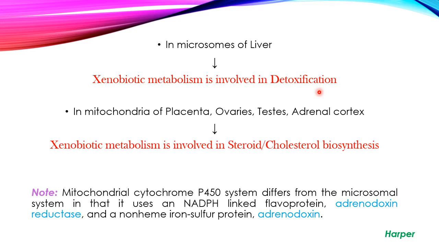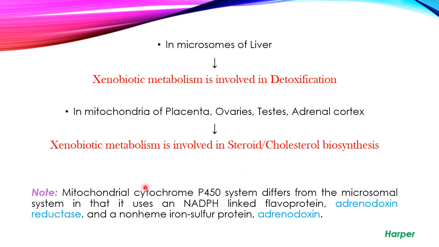Now, if the same system, cytochrome P450, is found in mitochondria, for example of placenta, ovaries, testicles, or adrenal cortex, then this system is involved in steroid or cholesterol biosynthesis.